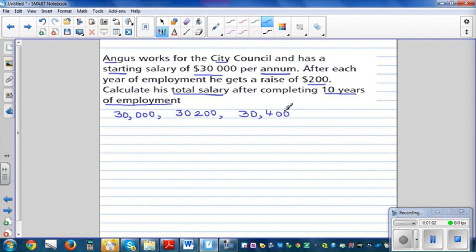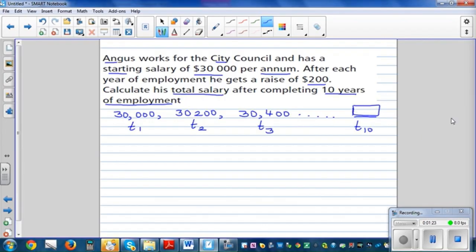So this is an arithmetic sequence. So this is T1, this is T2, and this is T3, and you want to go up to T10, whatever that number is. So you want to add up to the T10, whatever that salary is.